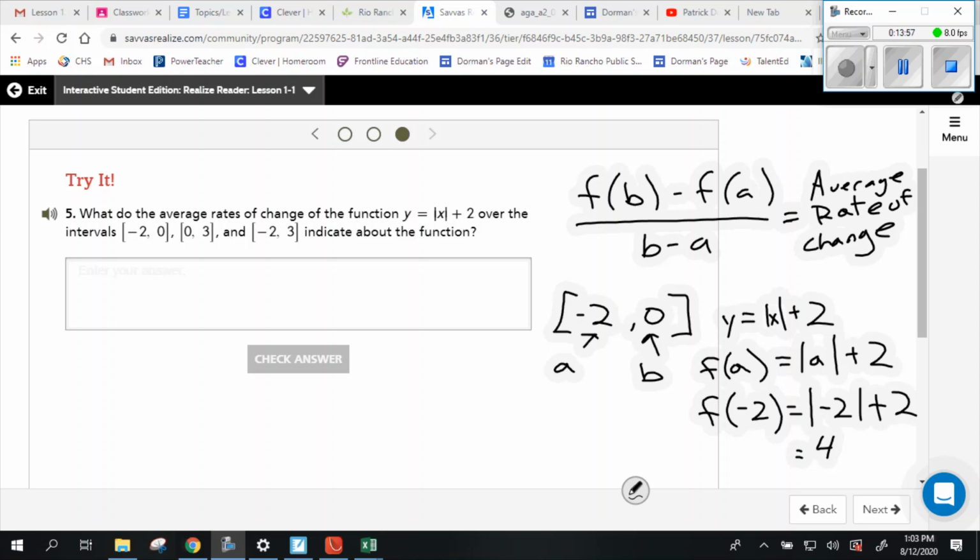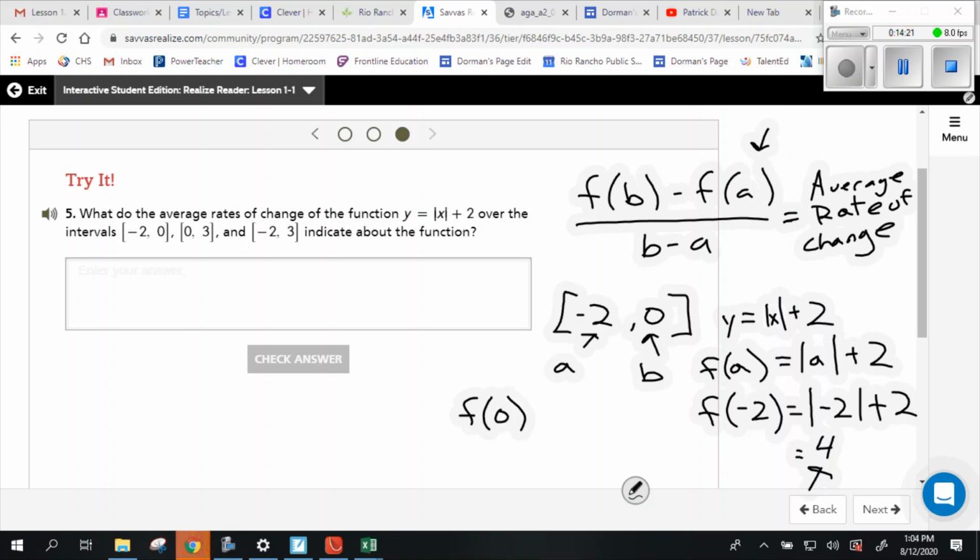Now we need to know what f of b is. So this quantity right here, this 4, that's what we're going to plug in there for f of a, all right? How about f of b? So b is 0. So f of b, what that means is everywhere I see an x, I'm going to plug in a 0, or f of 0, I should say, right?